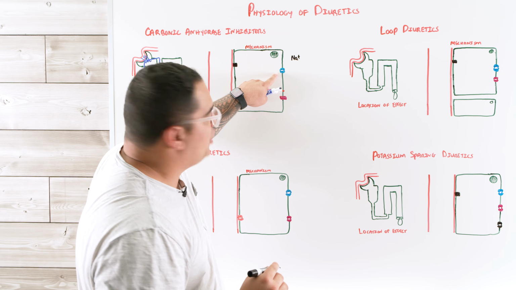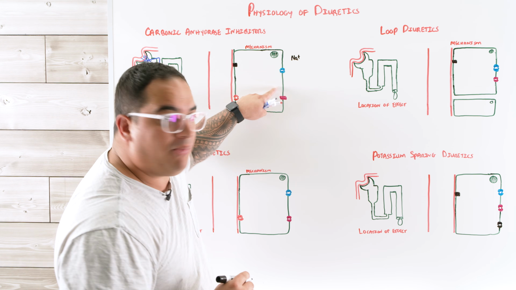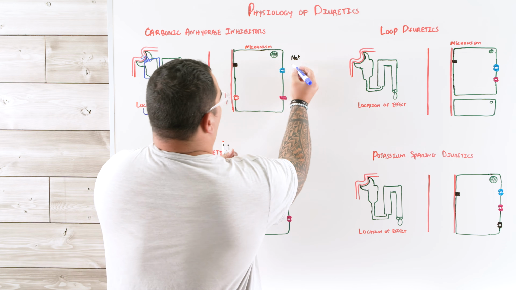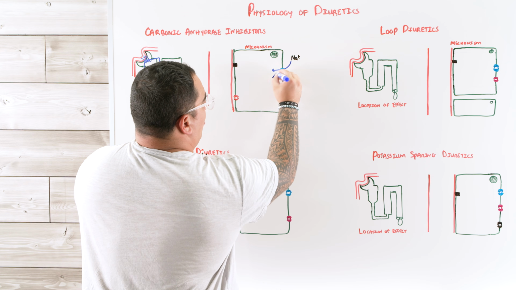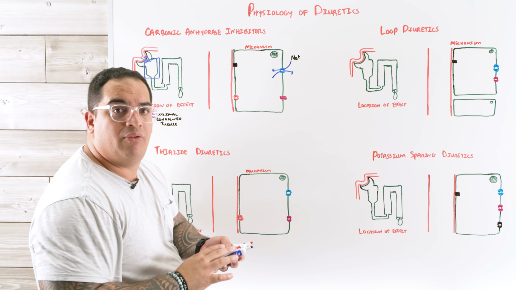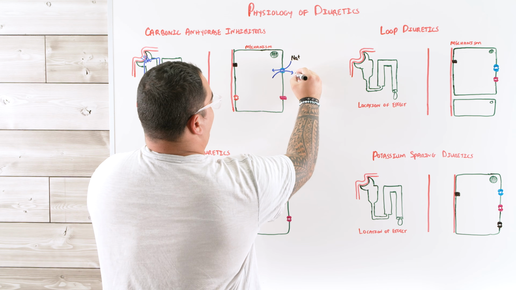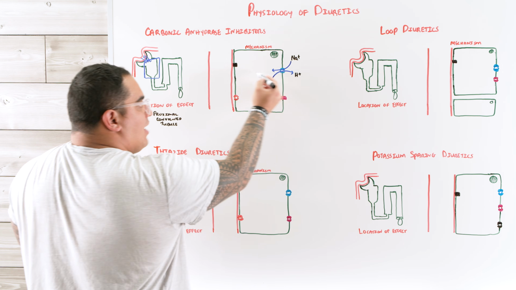We have these channels or proteins that are present on the apical membrane of the proximal tubular cells. What they do is they allow for sodium to move into the cell, and they allow protons to move out of the cell into the tubular lumen. So this is going to be an exchanger, if you will. Now, sodium will move down its concentration gradient.